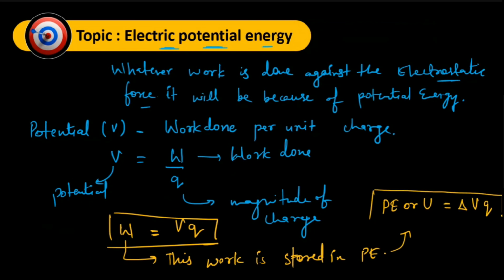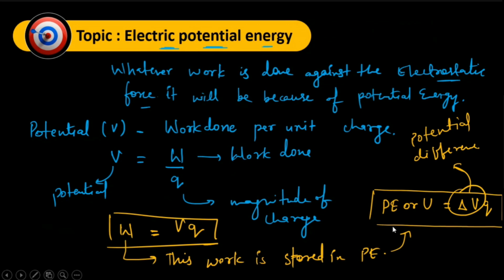Because potential is not defined, potential difference is defined. Whenever we are talking about the potential, we are actually talking about the potential difference, delta V. That potential difference is always there due to the electric field, and that electric field is there due to the electric force, and the force is there because of the magnitude of the charge.